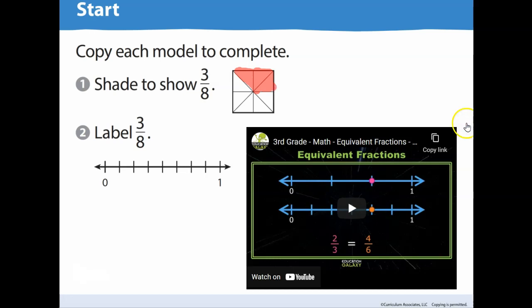Now, on the number line, I need to label 3/8. So it looks like this number line is divided into how many sections? 8. Because look, 1, 2, 3, 4, 5, 6, 7, 8. Okay. So I need to put my dot wherever the 3/8 is.